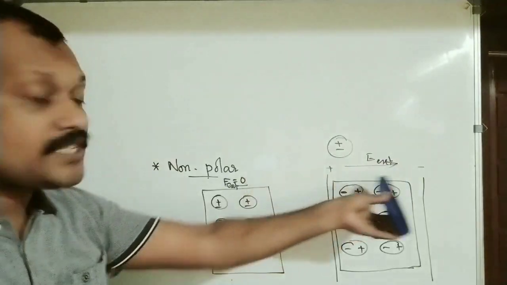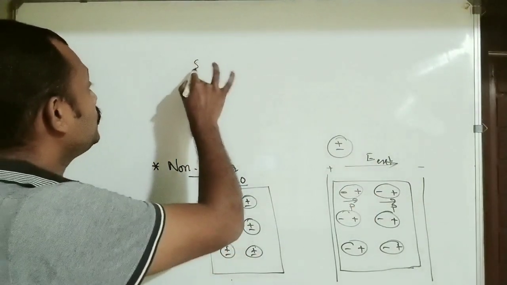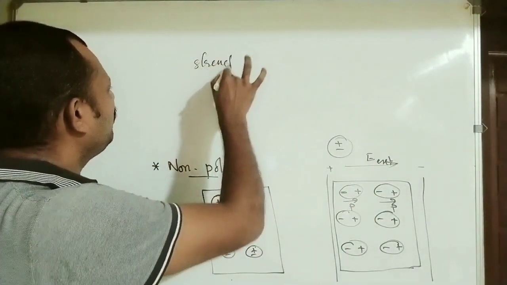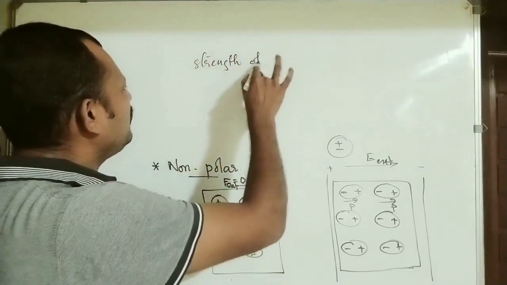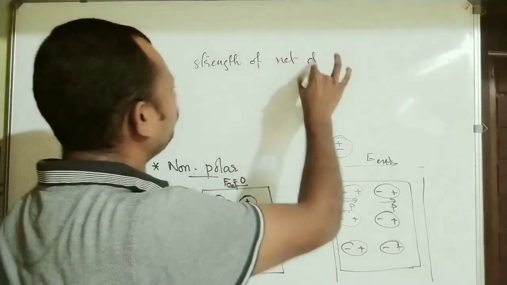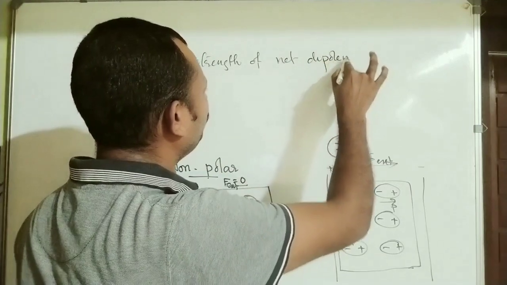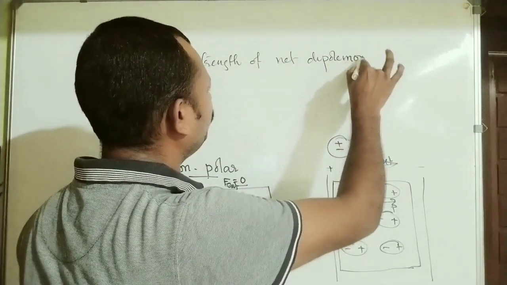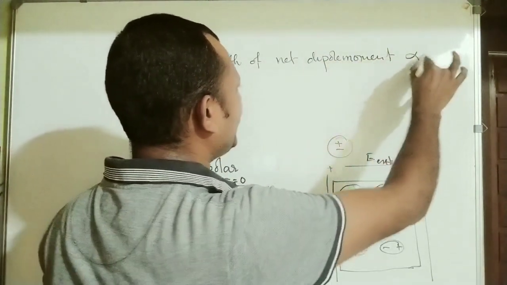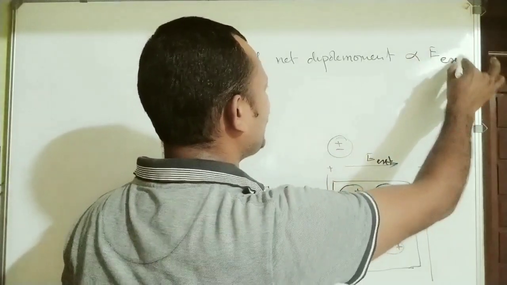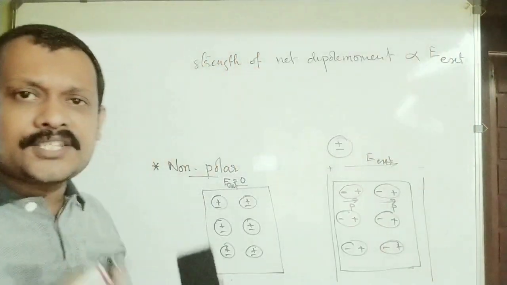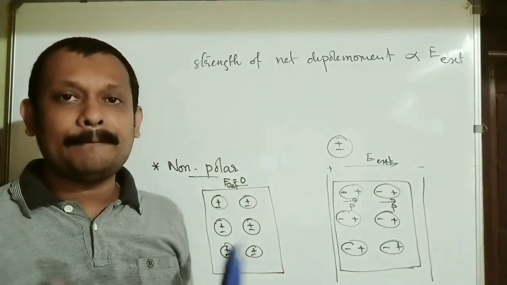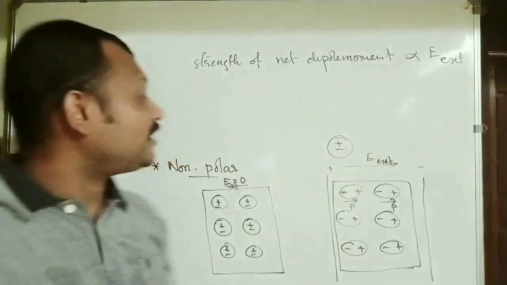The strength of the net dipole moment is directly proportional to the applied external field. The strength of the net dipole moment depends on the strength of the external field.